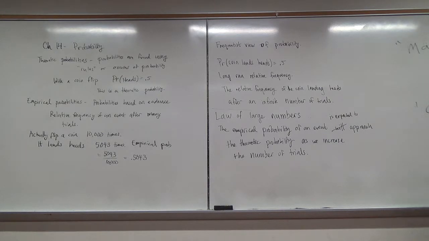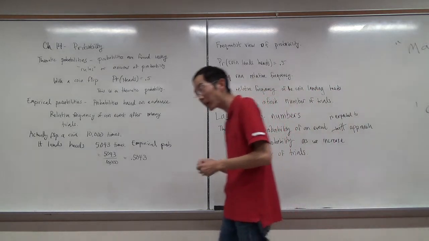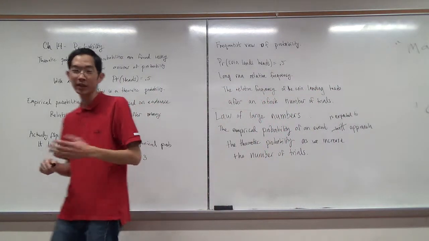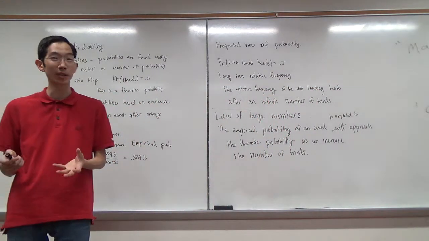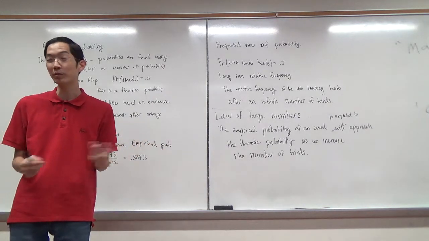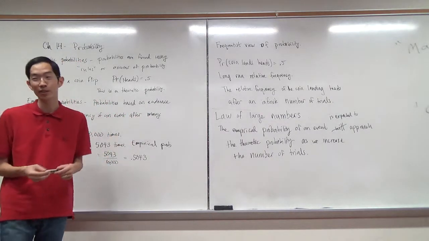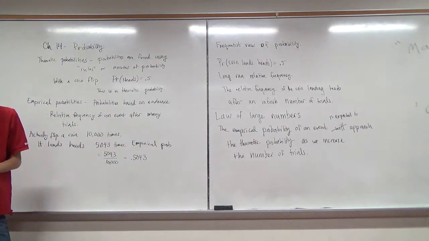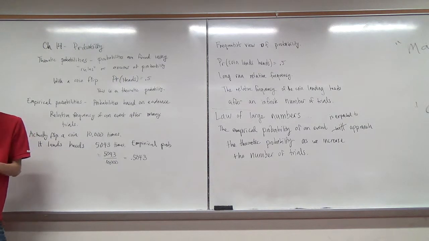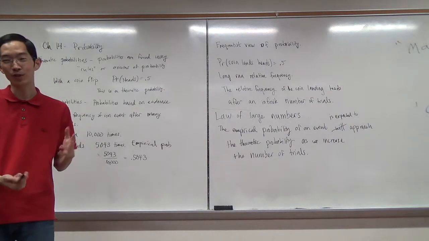Just because, for example, after 100 coin flips, it is possible that we have observed 50 heads and 50 tails. Okay, so in that case, the empirical probability of heads is 0.5, and that's as close as we will ever get to the theoretic probability, it is equal to it. Okay, and after 1,000 coin flips, maybe we've seen 503 heads and 497 tails.